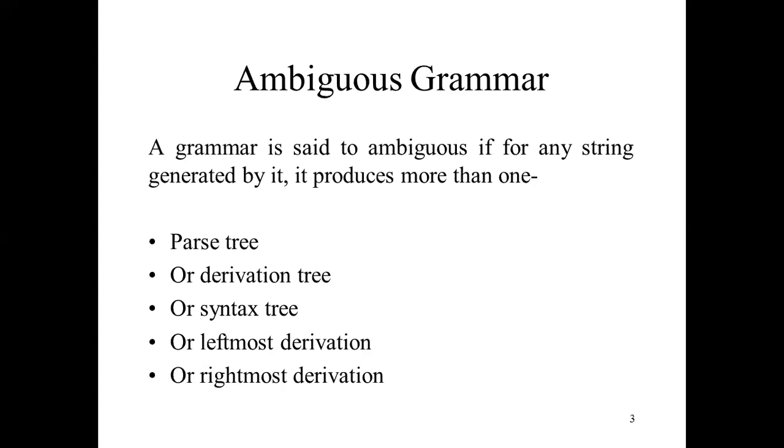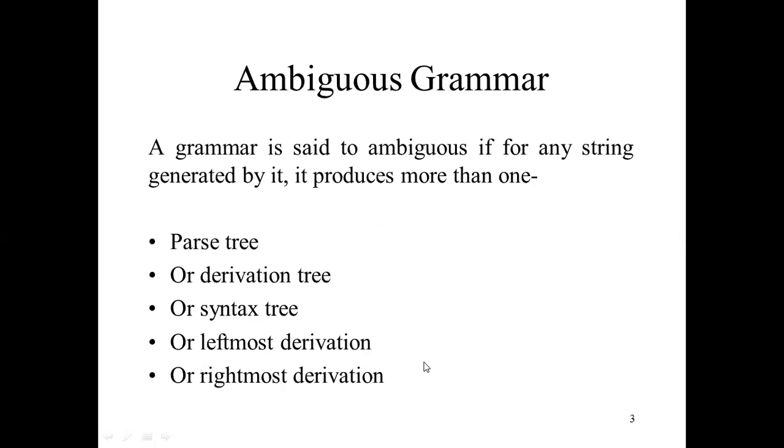If it produces more than one parse tree, then we can say that the grammar is ambiguous, means it is a faulty grammar. Whether we are getting more than one parse tree, or more than one derivation tree or syntax tree, all are the same, or leftmost derivation or rightmost derivation.